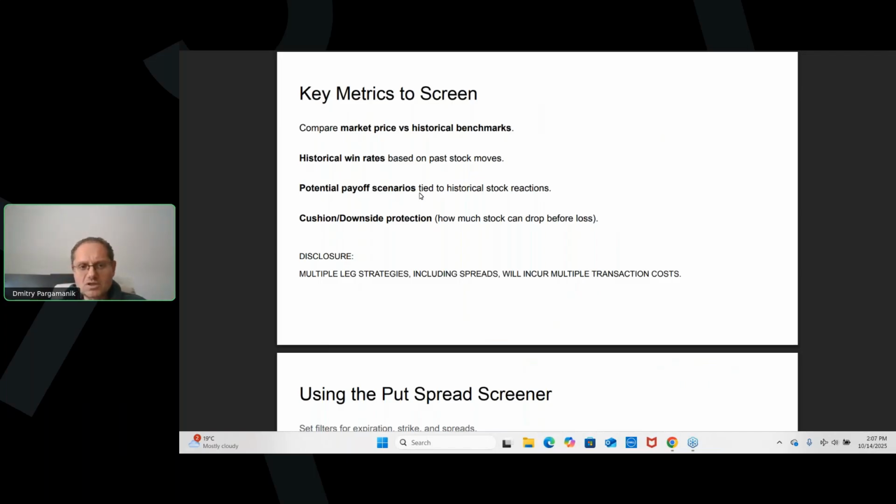We could also look at historical win rates, which means looking at a spread and estimating the probability of its success based on historical stock moves. So we're using history as a guide to evaluate market prices.